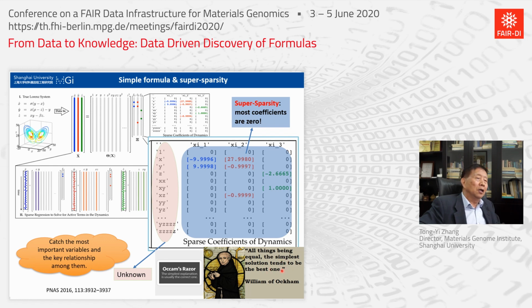How to get one? We have to catch the most important variables and also the key relationships among those most important variables. That depends on your goal; you have to determine which one is more important.